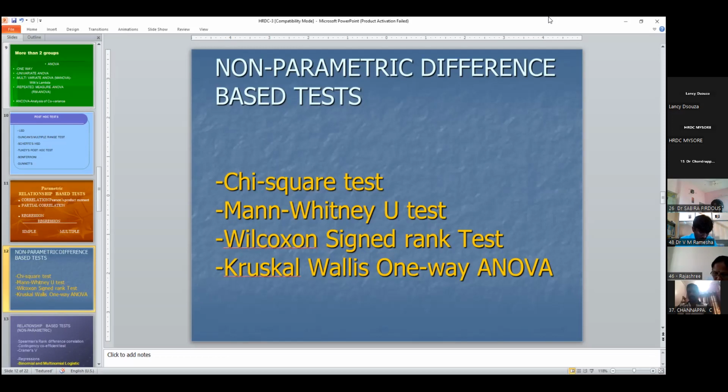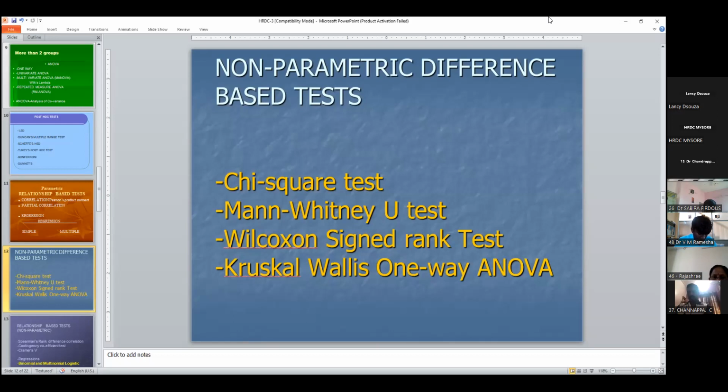Then you can find out through the chi-square test whether males are agreeing more or whether females are disagreeing more. So what is the pattern of responses for male and female? You can check, and whether this pattern is significant or not can be checked through the chi-square test.